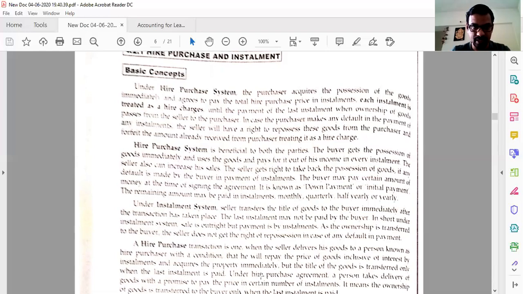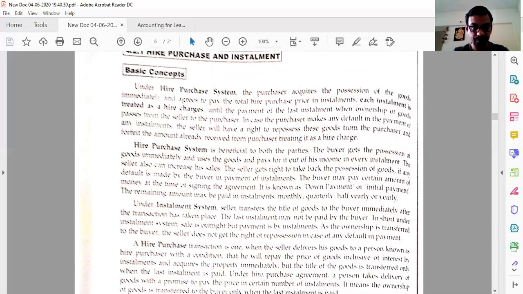Each installment is treated as hire charges until the last installment is made to the owner. When the last installment is paid, the rights of ownership of goods are transferred to the lessee, to the purchaser. That is the major highlighted point under the hire purchase system.